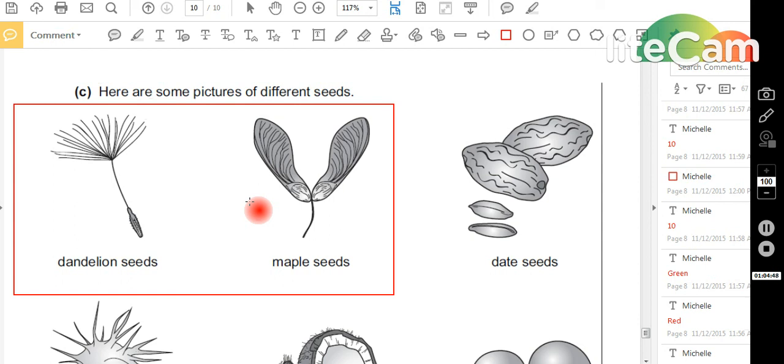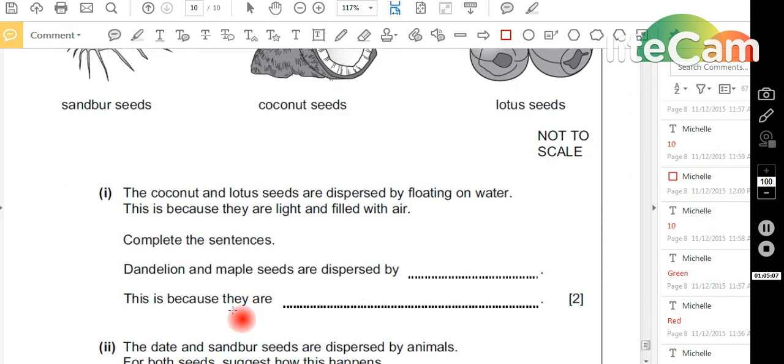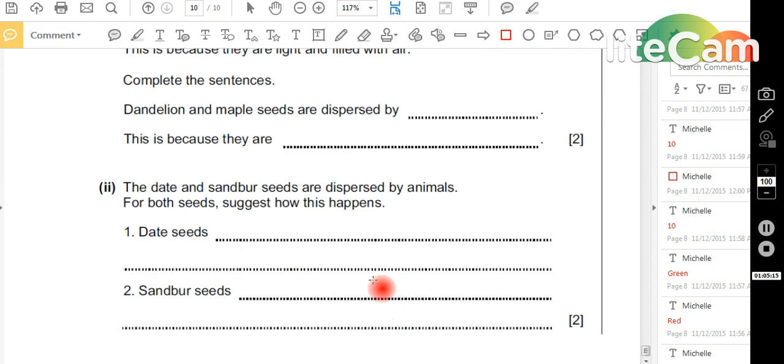The seeds are light, and what is this form? Wings, yes. So they're light in weight and they've got wings, so the wind can pick them up and drop them somewhere else. Well done. So the dandelion and maple seeds are dispersed by wind because they are lightweight and they've got wings.